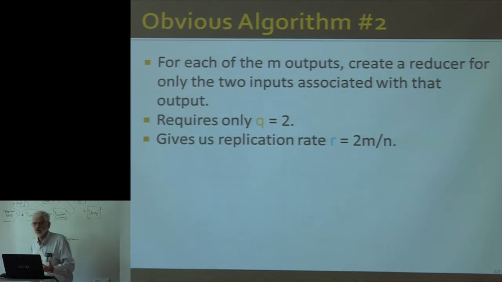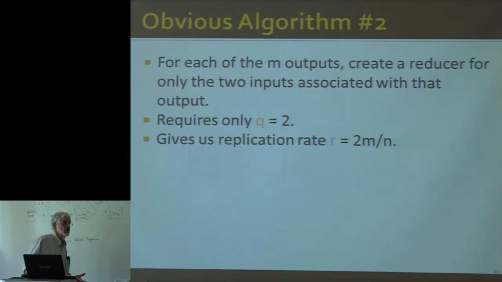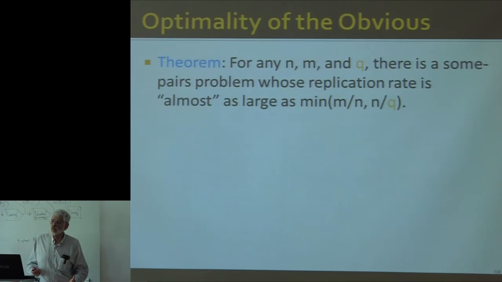So you've got either n over q or m over n. Those are the two obvious algorithms.